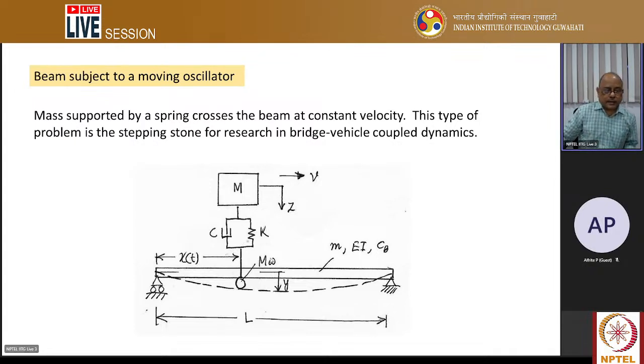And you can see here, due to this displacement of the beam, the relative displacement is experienced by the spring and the dashpot. Therefore, the force that is imposed on the beam depends on the mass displacement as well as the beam displacement, and also the damping and stiffness properties of the oscillator.